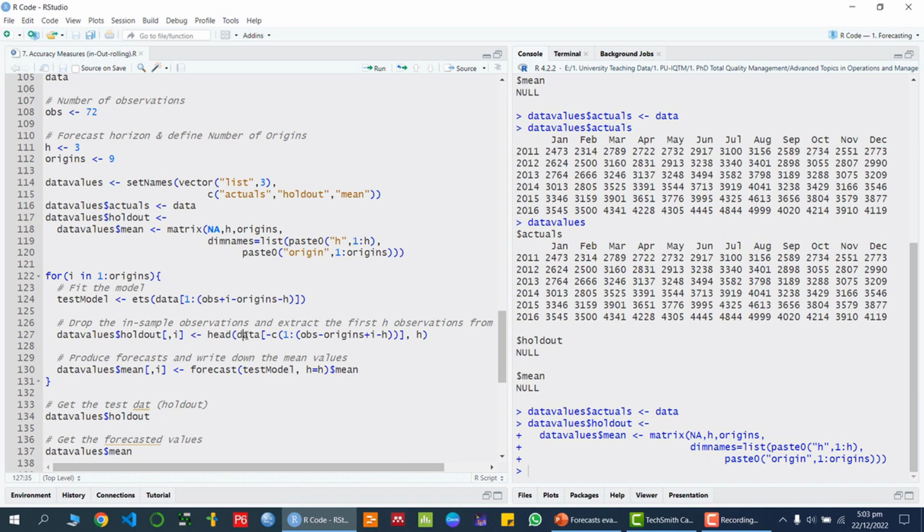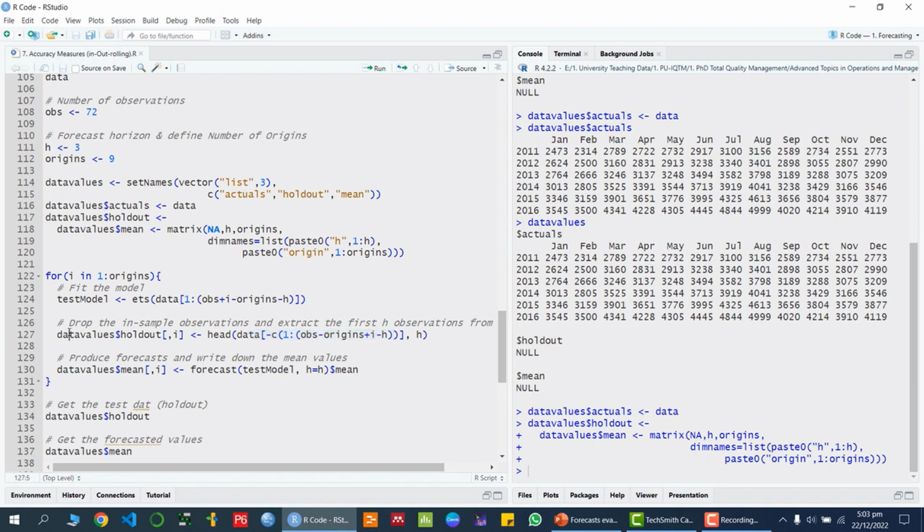Head is equal to data, so head means the first h observations I want to see. Data minus c, minus means those observations should be eliminated, from 1 to this one. So if i is equal to 1, the first 72 observations are going to be eliminated, only showing us the h number of values, which are basically the forecasted values.